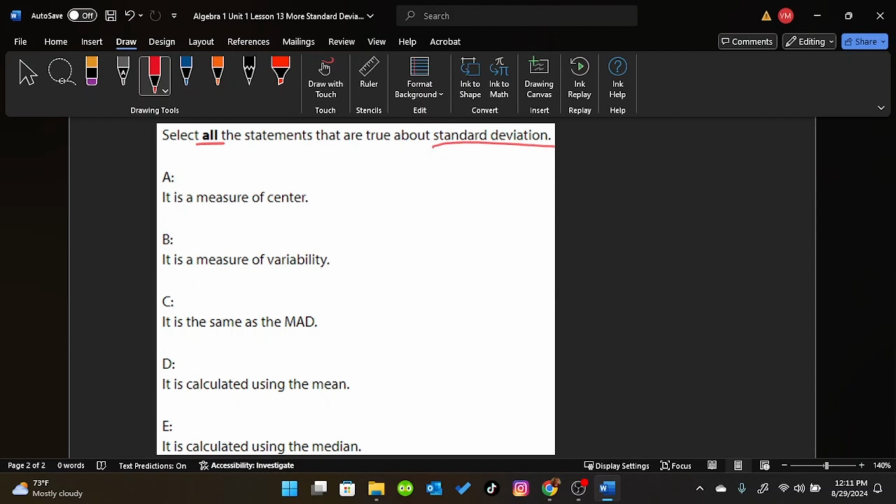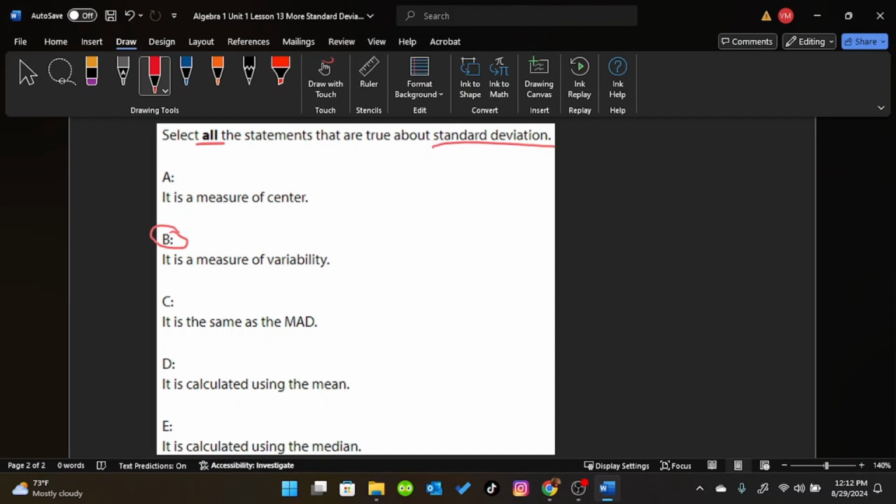So as we go through here, notice A says it is a measure of center, and B says it is a measure of variability. The standard deviation tells you how spread out your results are. So it is a measure of variability, not a measure of center.